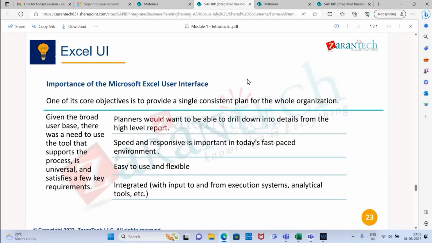Okay, then are you using user interfaces as well, like Excel spreadsheet, or you are directly doing everything in the tool? We use the Excel to do everything, pretty much, at least for the demand and supply planners. And then you upload that into the IBP, all within the Excel.